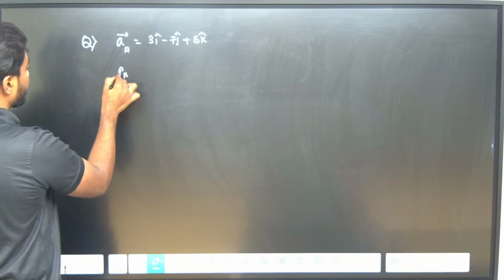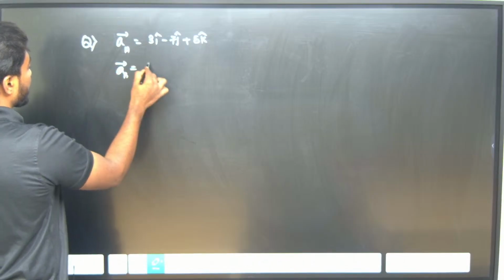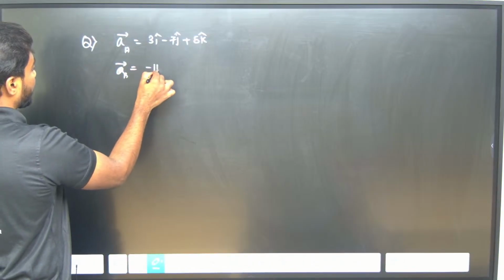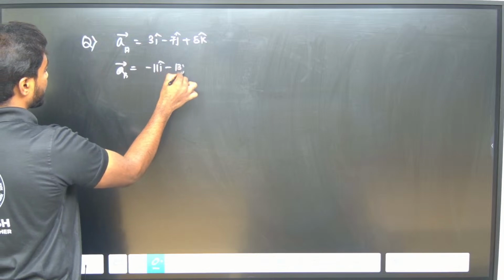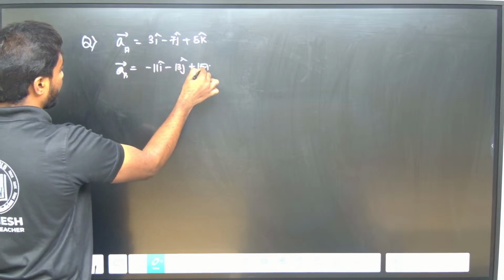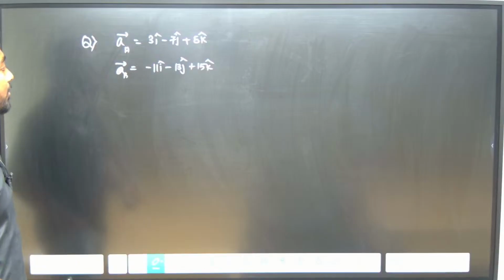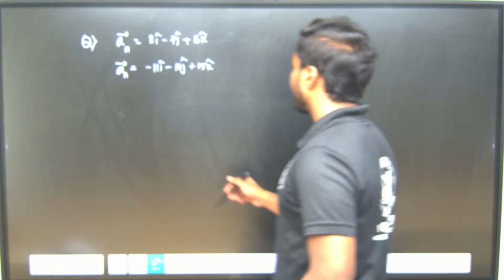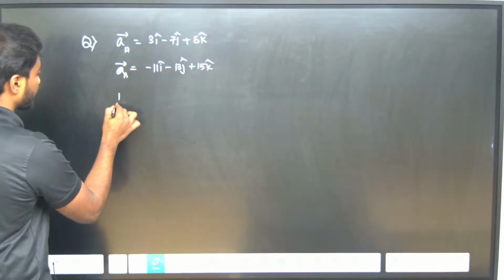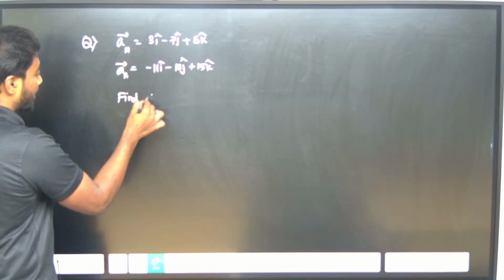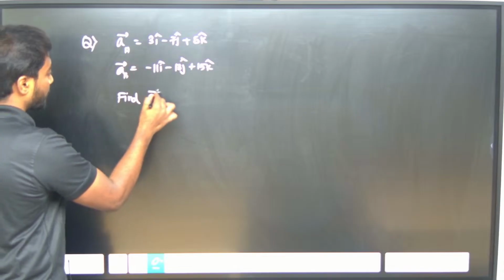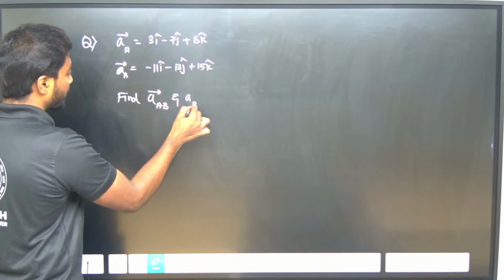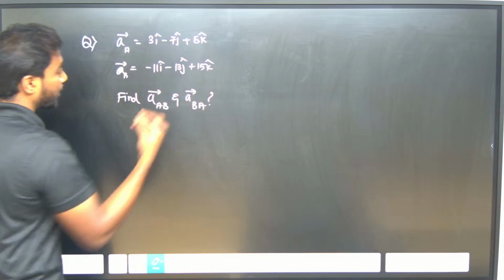Acceleration of B, minus 11i cap minus 13j cap plus 15k cap. Okay, this is my acceleration of A and B. Need to find acceleration of A with respect to B and acceleration of B with respect to A. Both I need to get it.